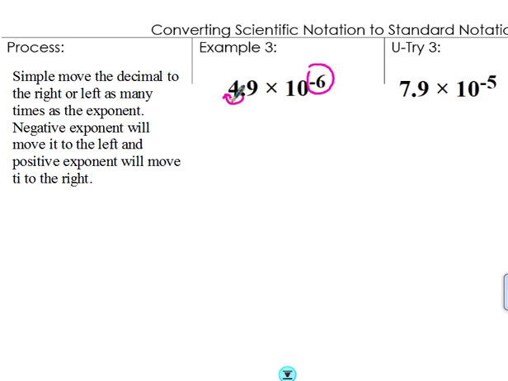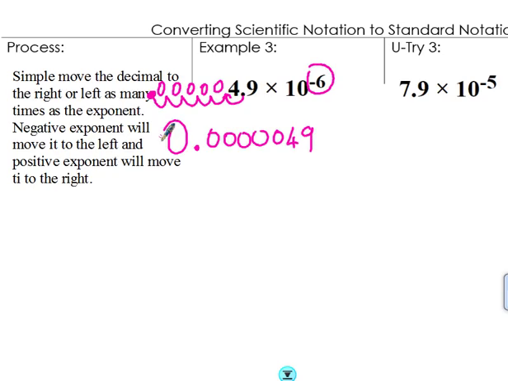And I need to move the decimal point 6 times. 2, 3, 4, 5, 6. Here's the new decimal point, and we will fill the sections with zeros. Our new number is 0.0000. There are 5 zeros in front, and then 4, 9. Get used to putting a 0 up front to make it look prettier. Here's your try.